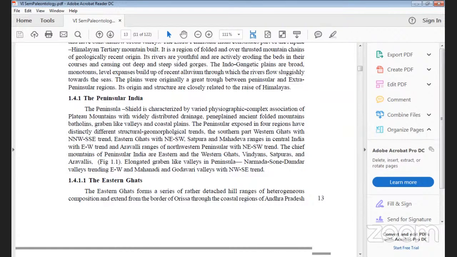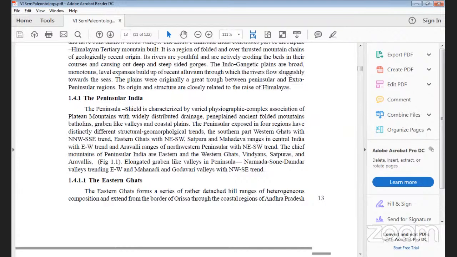The southern part of the Western Ghats has north-northeast, north-northwest and south-southwest, south-southeast trends. The Eastern Ghats have a northeast-southwest trend. The Satpura and Mahadeva ranges in central India trend east-west.